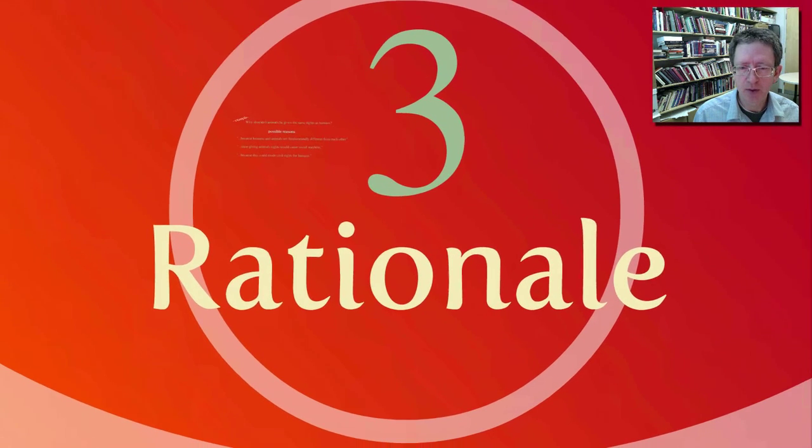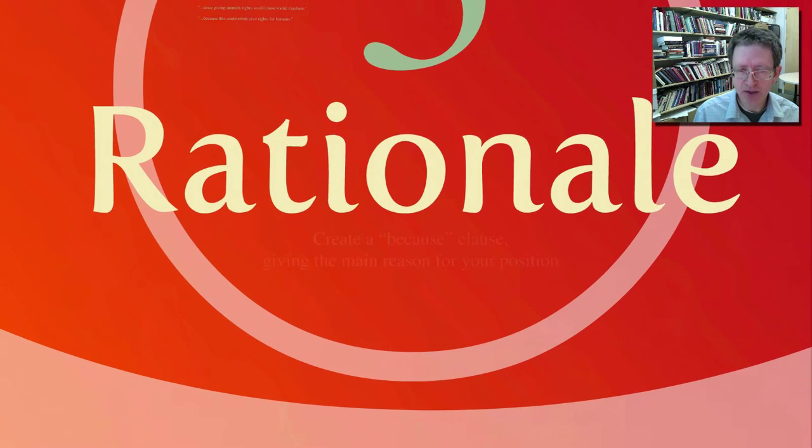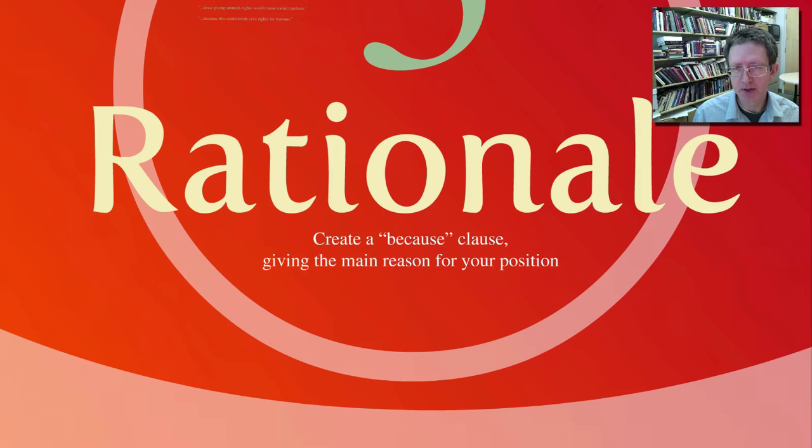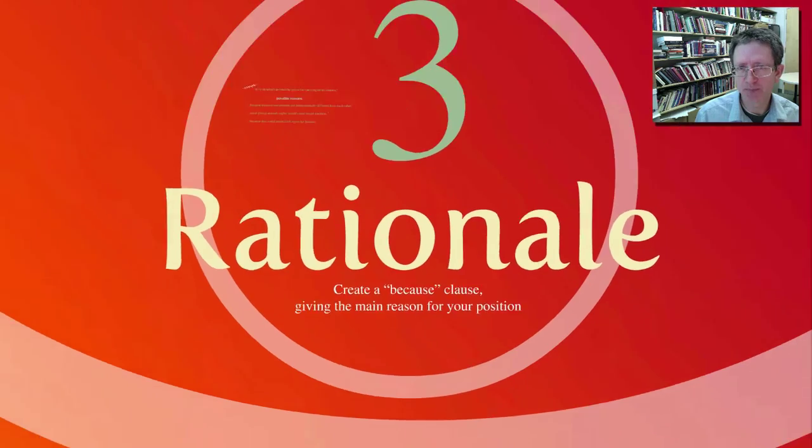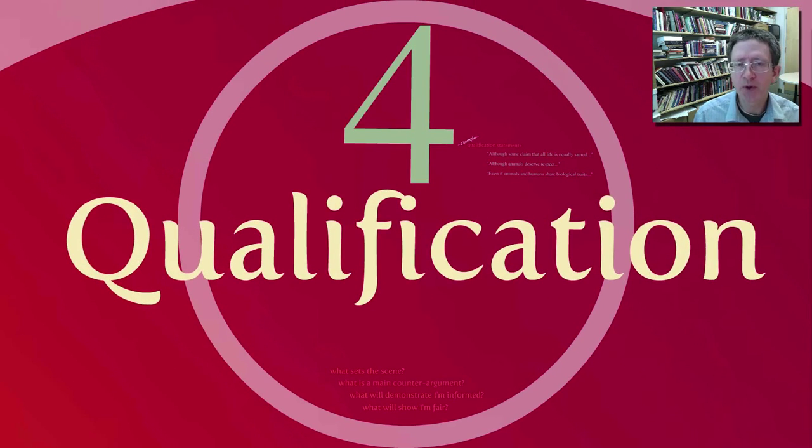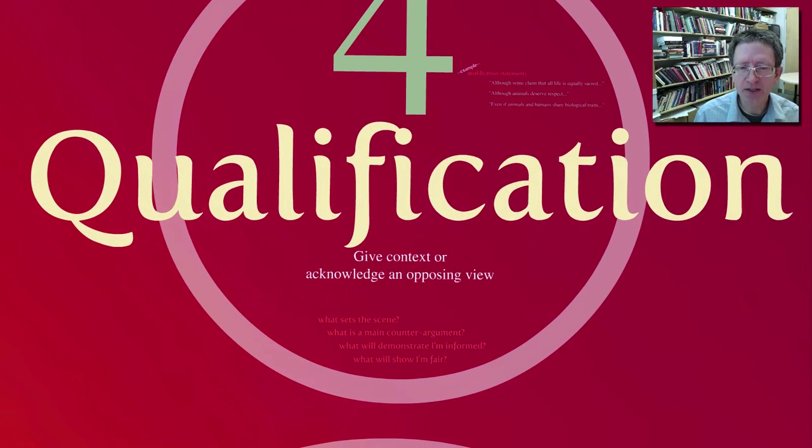Third step, you must arrive at a rationale. This is often expressed as a because clause, where you give the main reason for your position. Fourth step, you come up with a qualification. Qualification is something that gives context or somehow acknowledges an opposing point of view.